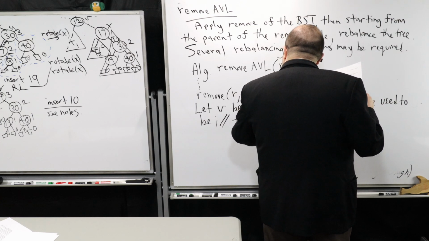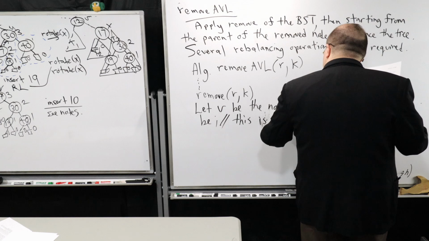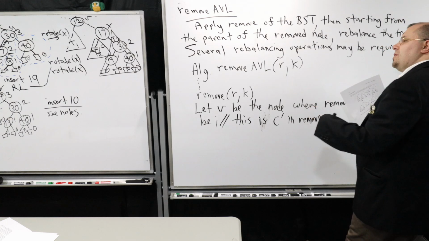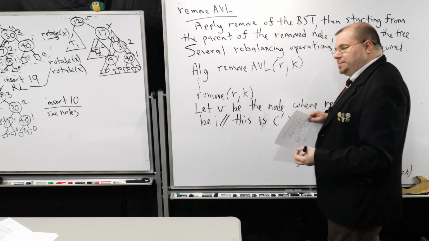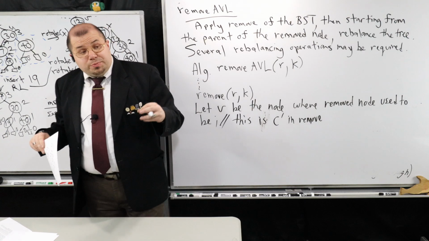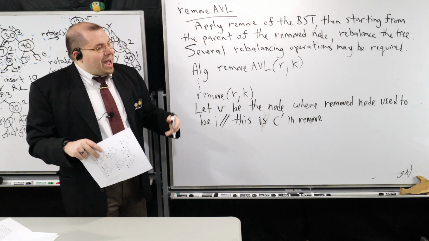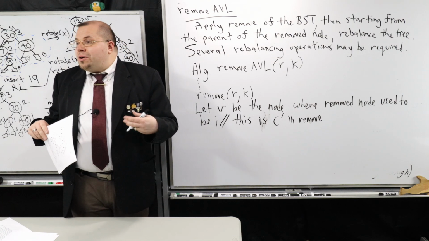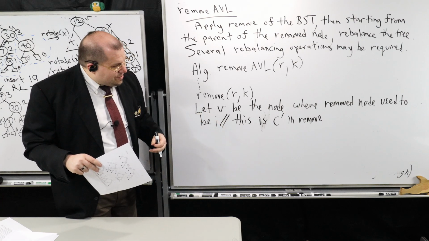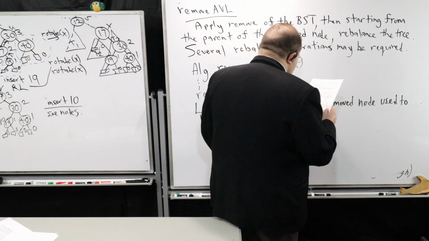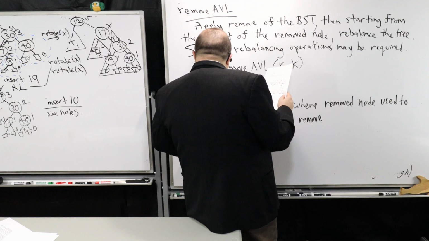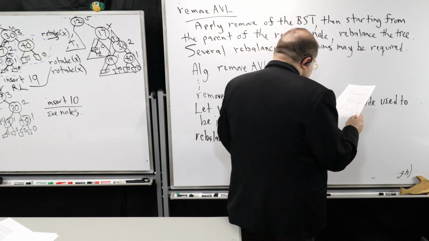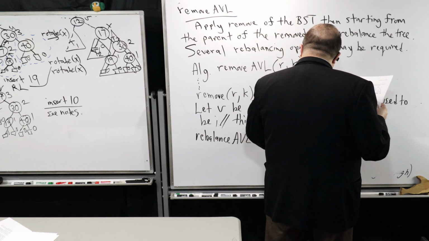So if, for example, you modified remove, you could have it return C prime at the end of its process in case 1. That's all you would have to do to get this node. Then after you get V, you're just going to do rebalanceAVL on V. And I want to note that several rotations may occur.